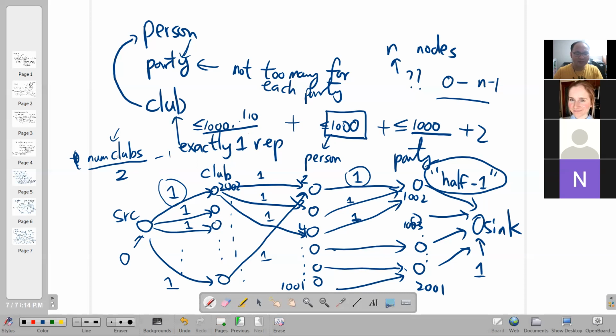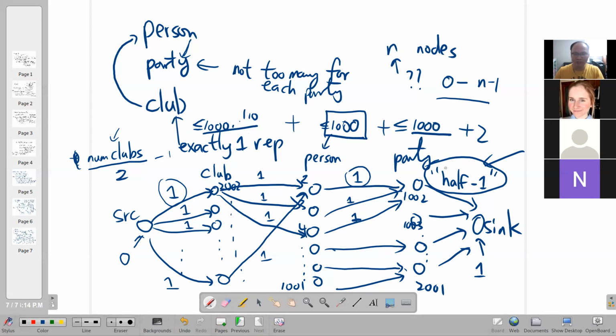But if the number of clubs is odd, when you divide by 2, if you use the C++ divide, then you already lost the 1/2. So if num clubs is odd, then you just need to divide by 2. You can mess about trying to figure out how to write the half minus 1 when num clubs is even or odd, with an if statement.